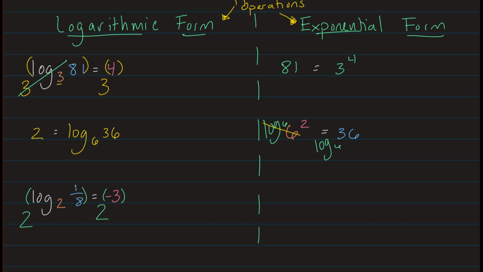I'm just putting those parentheses there so you guys can clearly see that they are in the exponent. 2 raised to the power of log base 2 cancels. And you're left with just 1/8 on that left-hand side. And the right-hand side remains 2 raised to the negative 3 power.